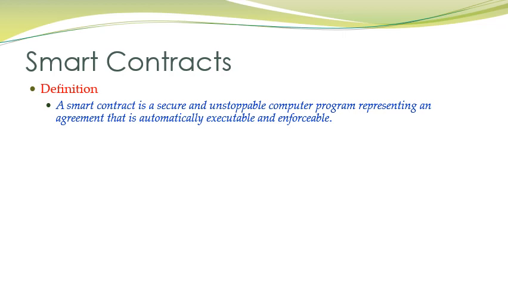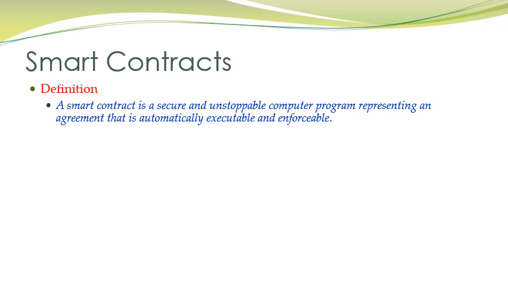But in day-to-day business, these conditions are manually written on paper, or can be stored in electronic form. In the Bitcoin network, first we will see the definition of the smart contract.